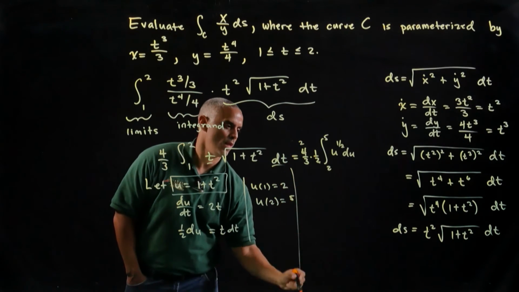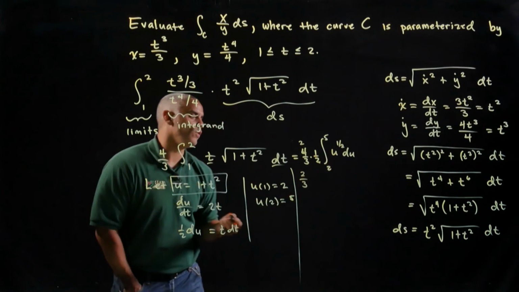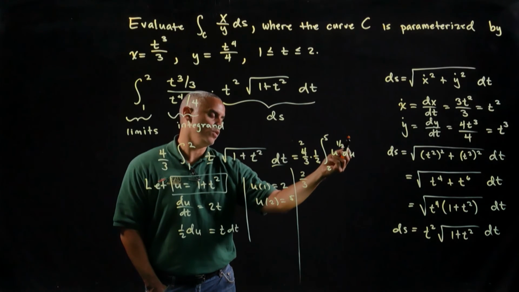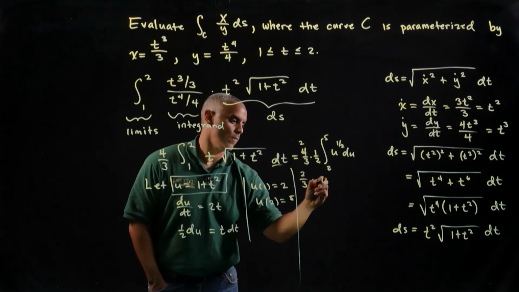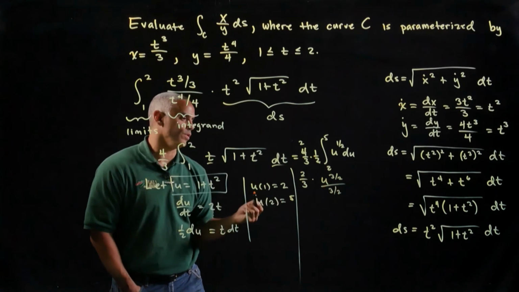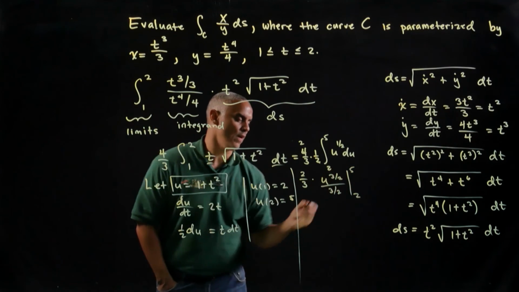So I have 2/3. And if I integrate u to the 1/2, remember my power rule, I add 1 to the 1/2, that'll give me u to the 3/2 divided by 3/2. So I get u to the 3/2 divided by 3/2, just same as multiplying by 2/3. Evaluate it from u equals 2 to u equals 5.